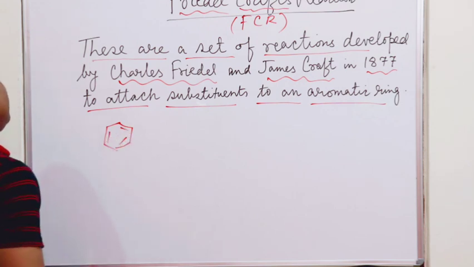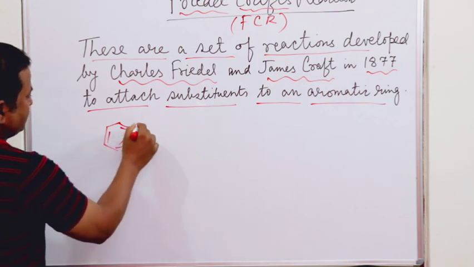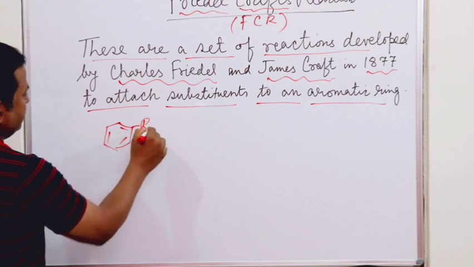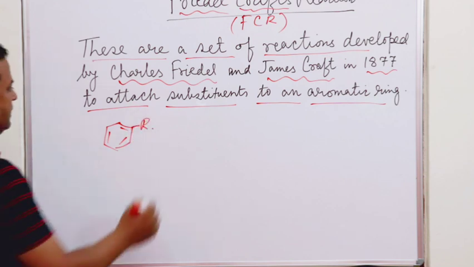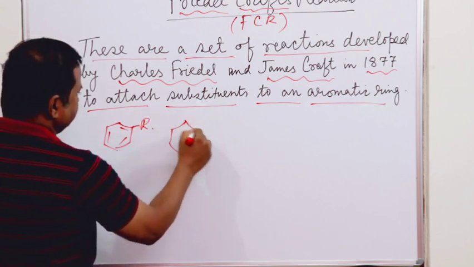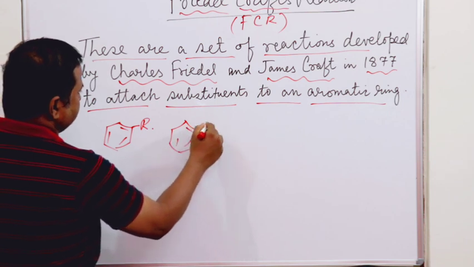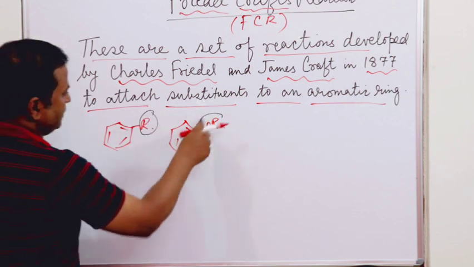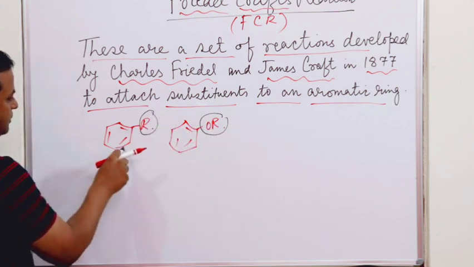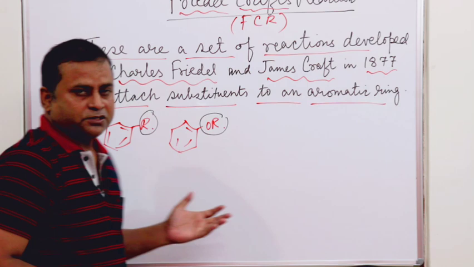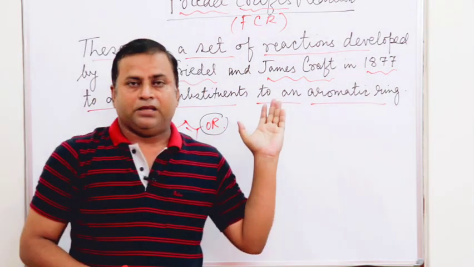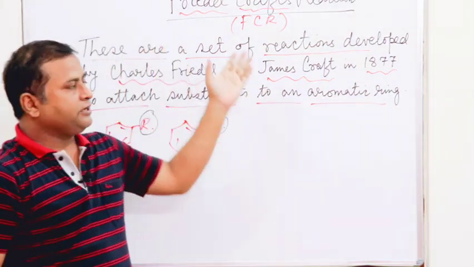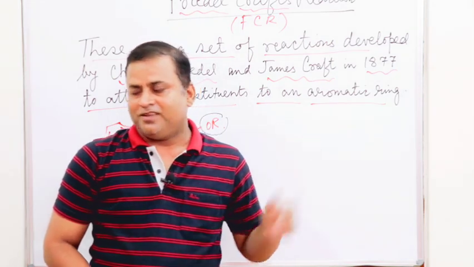So if you want to attach a substituent like this on the benzene ring, it was possible because of the effort of Friedel and Crafts. A lot of thanks to them.